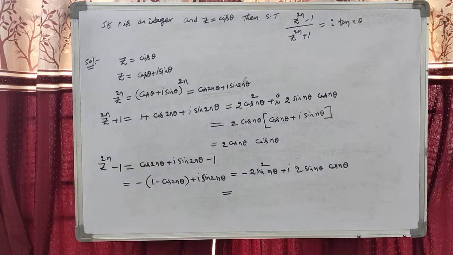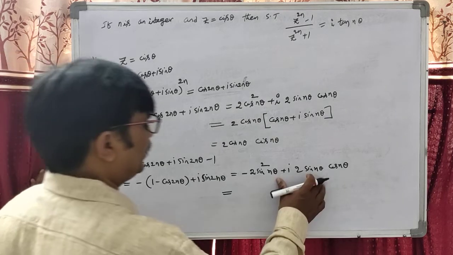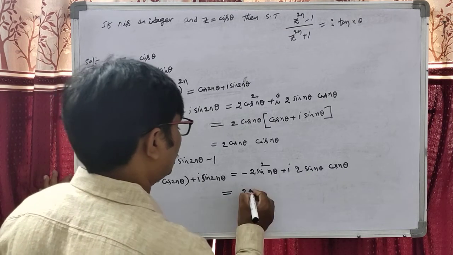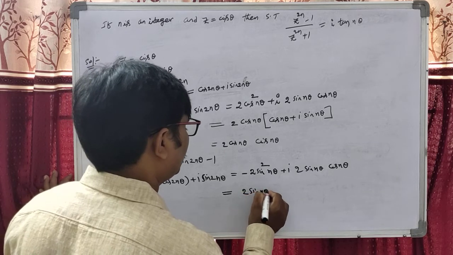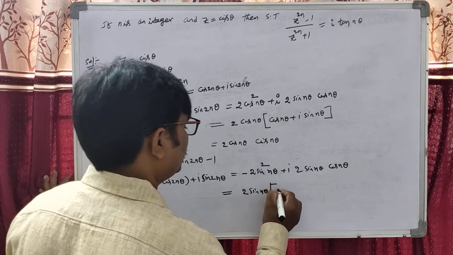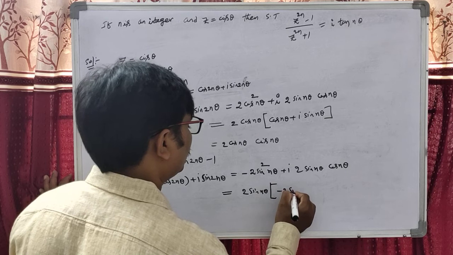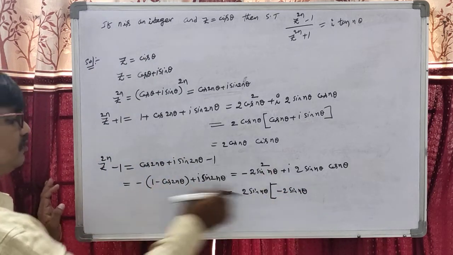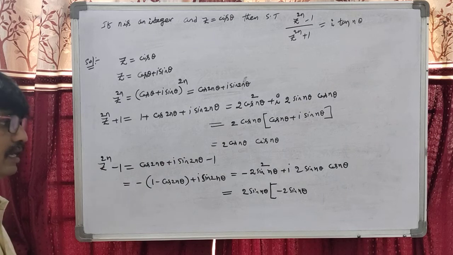What we observe here is 2 cos of n theta, 2 sin n theta is common, minus 2 sin n theta, 1 minus cos theta is 2 sin square theta by 2, and sin theta is 2 sin a cos a.